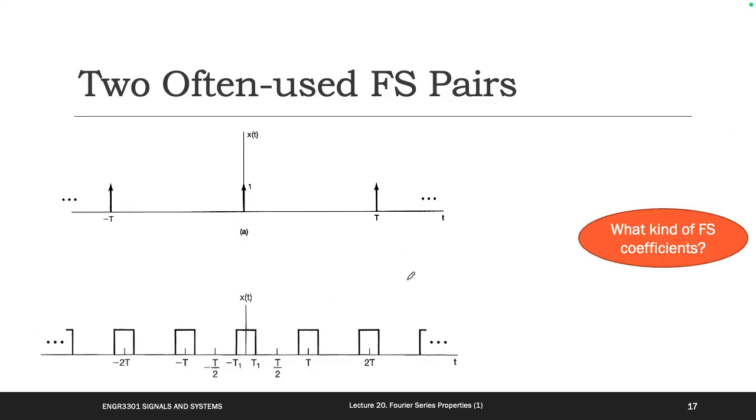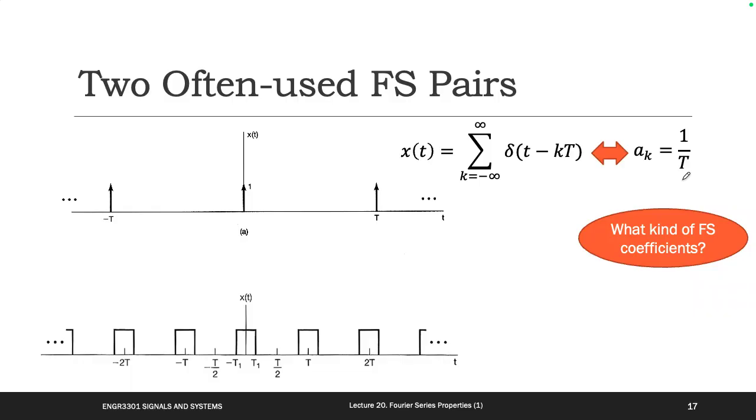Okay, let's review. For the first signal, what is the AK? We know xt equals this one, right? What's the AK for this equation? For this signal, we have already talked about that.